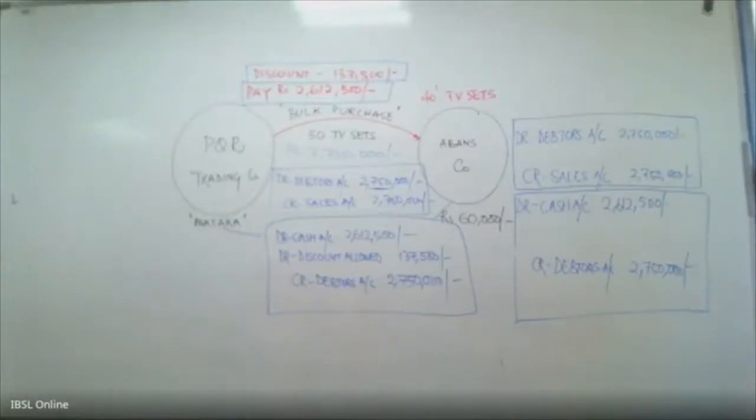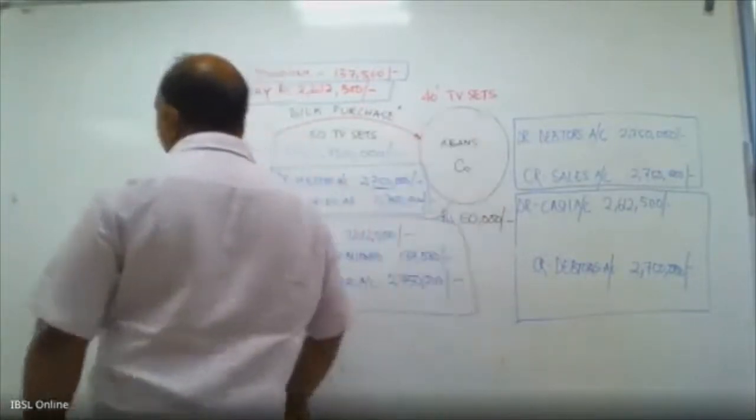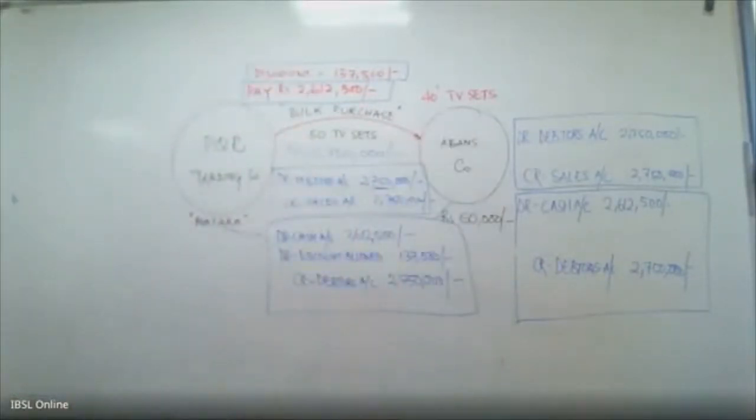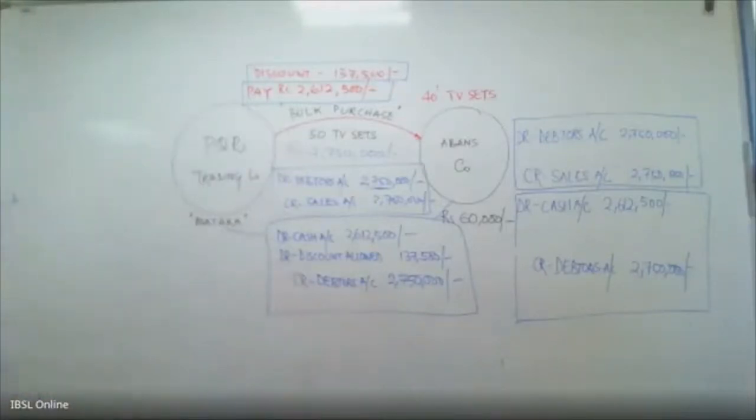Whenever people want liquidity, companies like Aban's, or any business concern into credit sales, at the time of doing the credit sale agreement itself, they will say, look, I am giving you a credit period of 40 days or 45 days or 60 days, whatever.